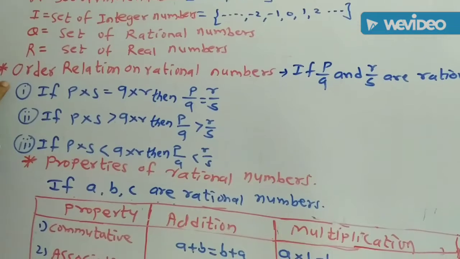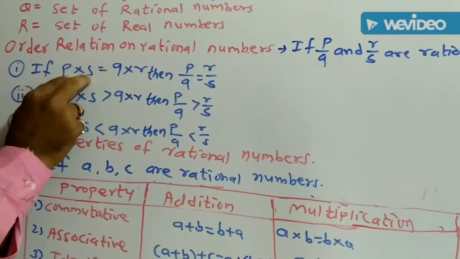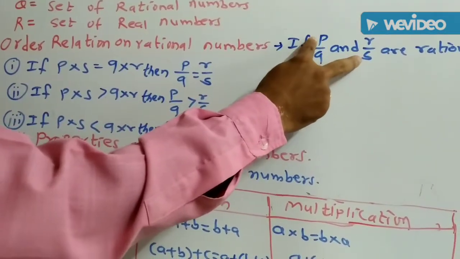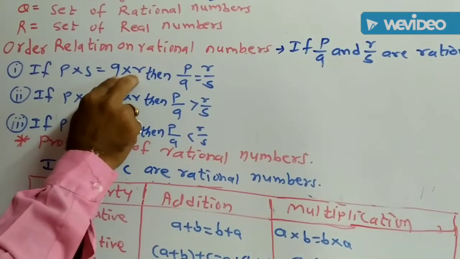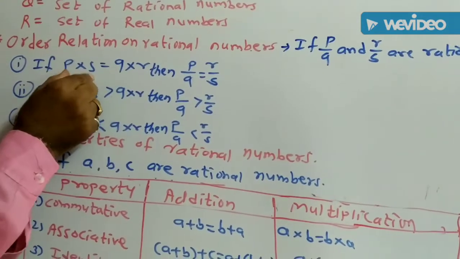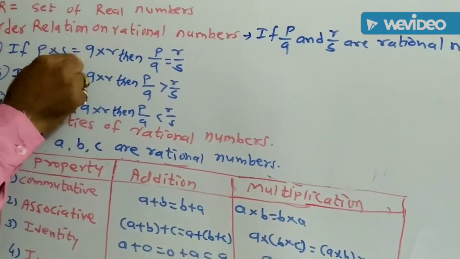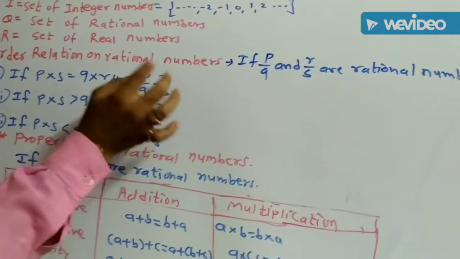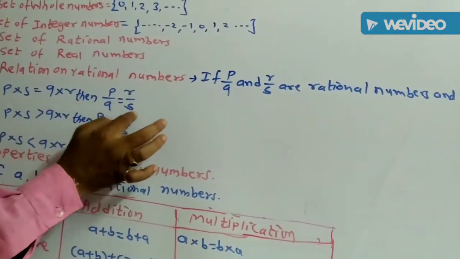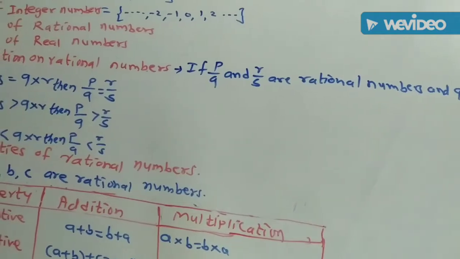These are the three rules. If the first product, that is P and S, the product PS, is equal to the product QR, that is, the first product and second product are equal, then both the given rational numbers P upon Q and R upon S are equal.